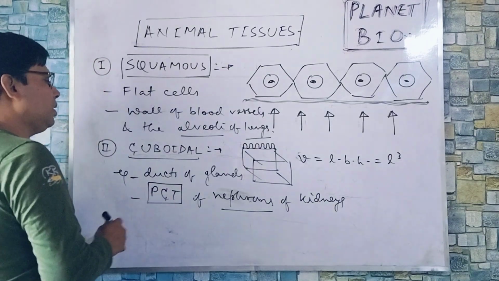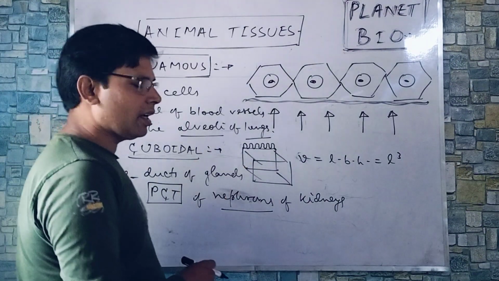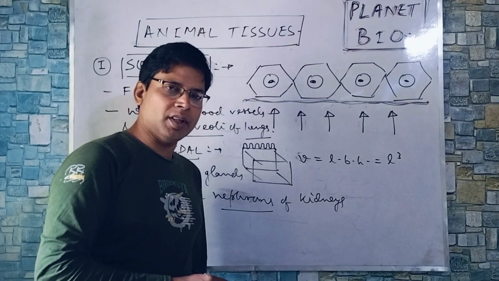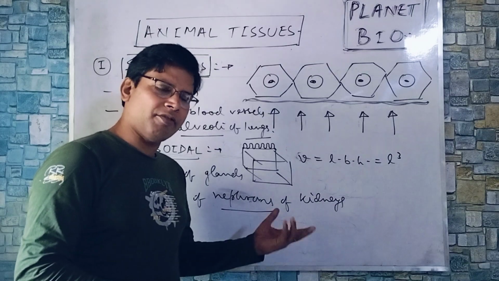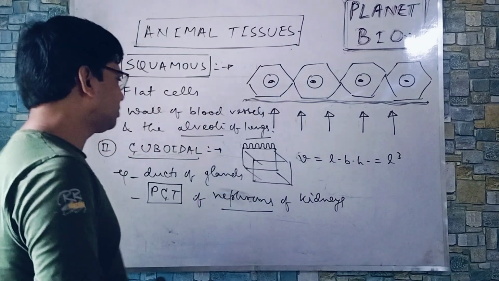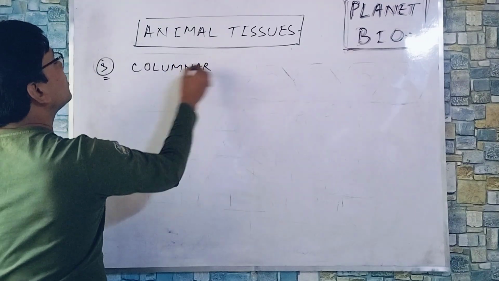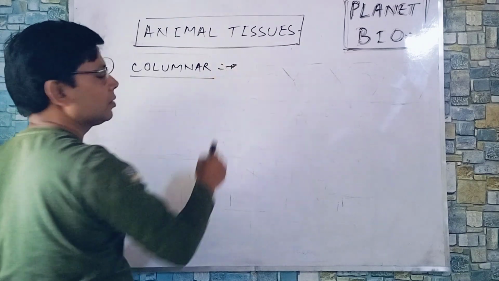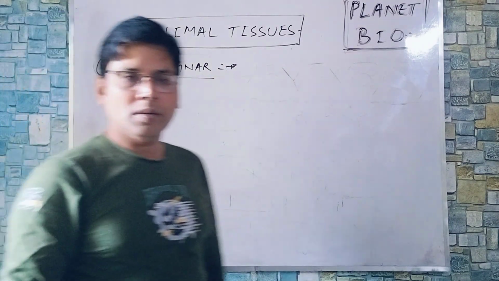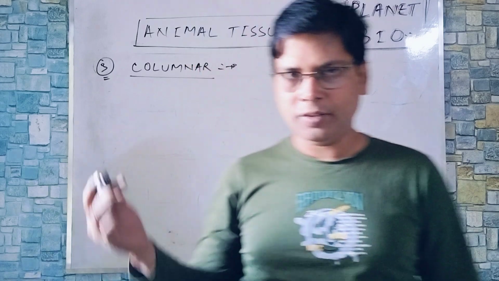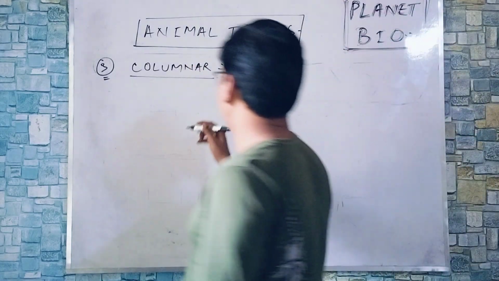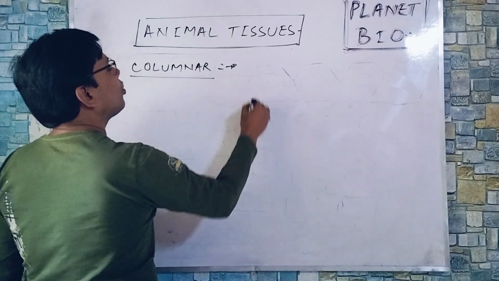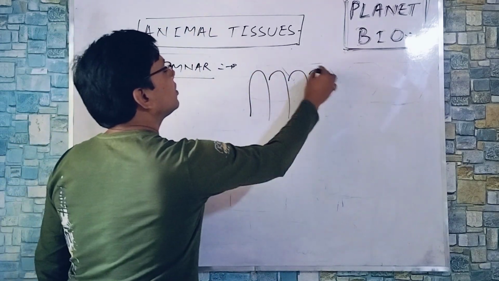Now next one is little different, and that is called columnar epithelium. Tall cells would be there with certain microvilli and the function secretion and absorption. Now the third kind of simple epithelia is columnar epithelia, and you can see tall cells are there.